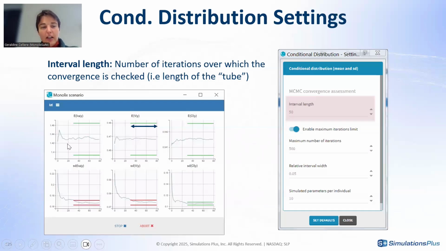So basically, when we follow the trajectories of the mean and standard deviation of all individuals, we draw a kind of a tube around the last value, and then we stop when the entire trajectory is within the tube. The length of this tube is this setting here, interval length. So if you increase the length of the tube, it will be harder to be inside, so MCMC will run for longer.